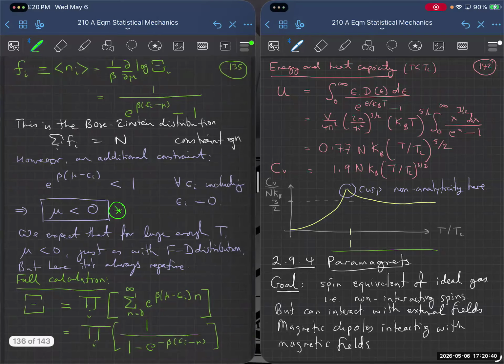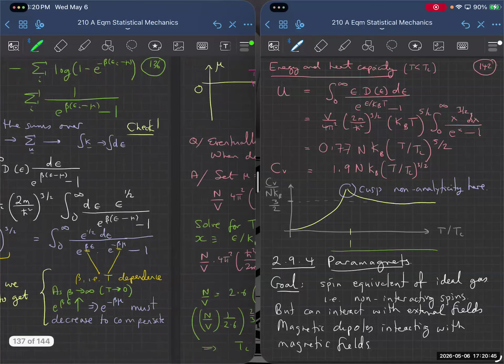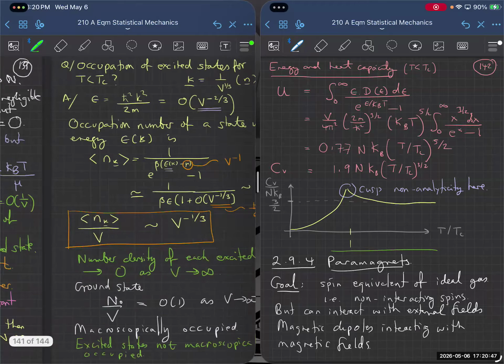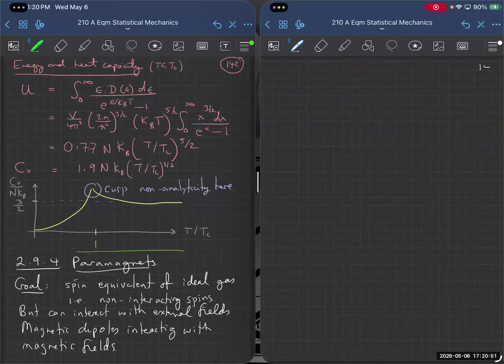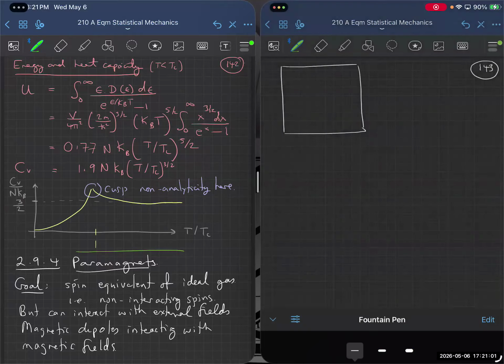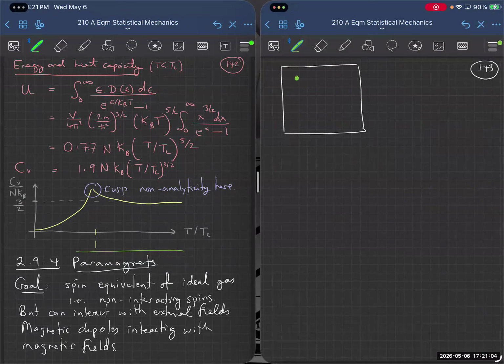And what are those systems? So here's the picture. Here's my box. Now, not particles bouncing around in the box. It's a bunch of spins. So I'm going to write those spins like this. There's an atom, and there's a spin vector associated with it.